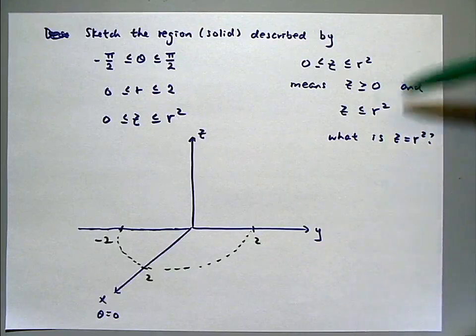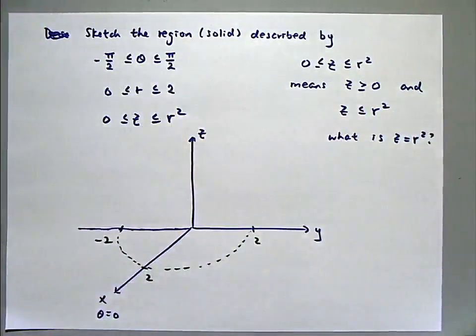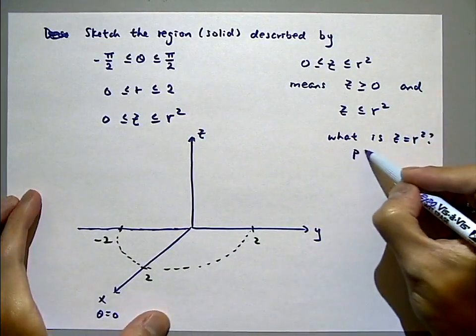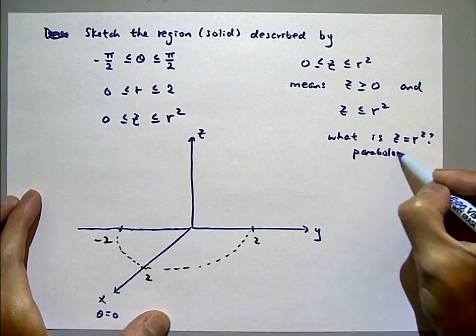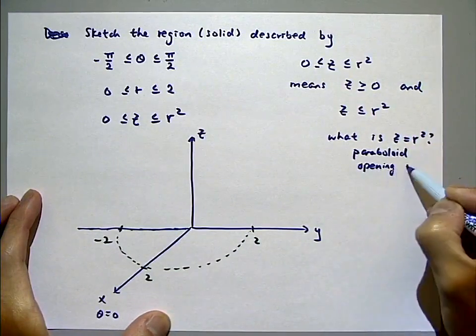It has a radius of 0 at z equal to 0, and the radius grows with z. So, yeah, this is a paraboloid opening up.